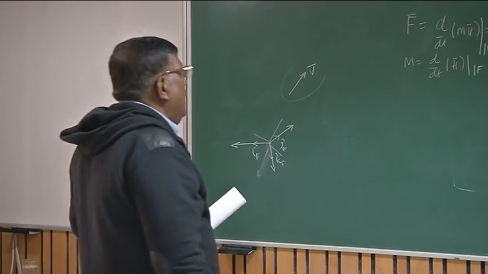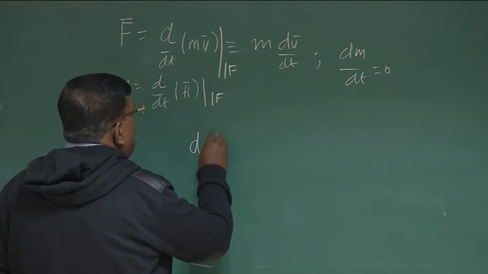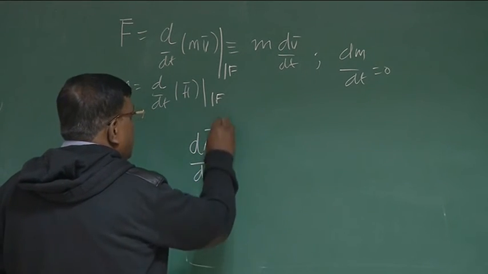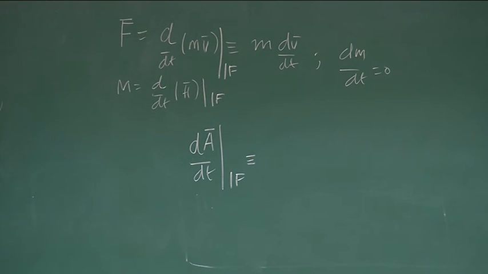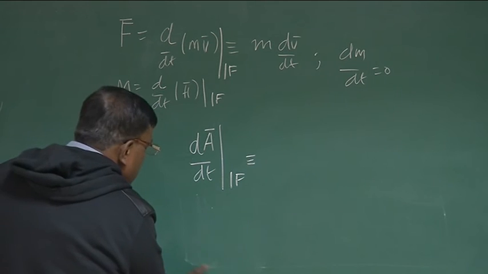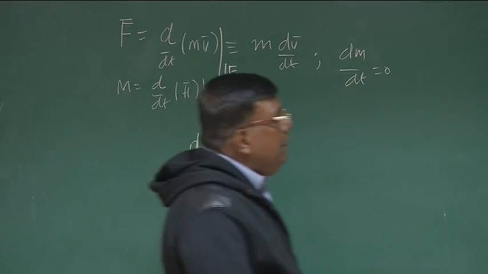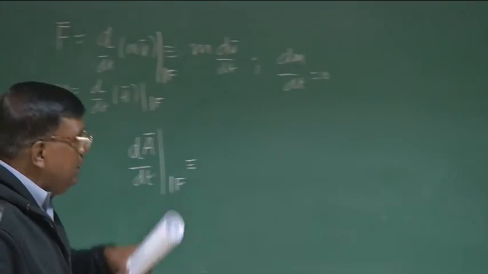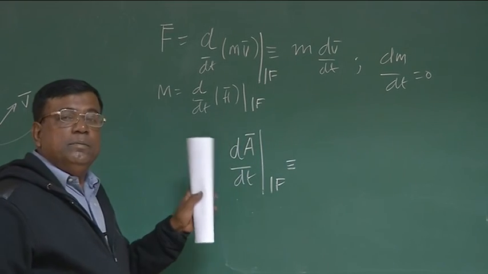So, what is to be done? If I want to really take the derivative of a vector in the inertial frame, I will ask a question: can I still use this but operate in the rotating frame? That is, I want to work in this body frame which is rotating, but ensure that it is equivalent to differentiating the vector in the inertial frame.